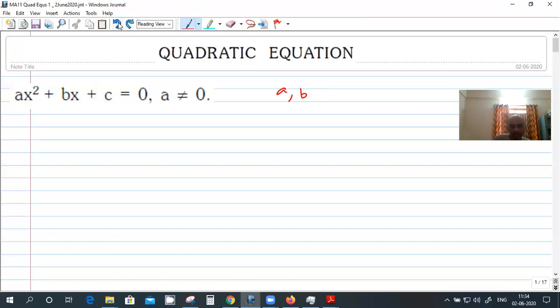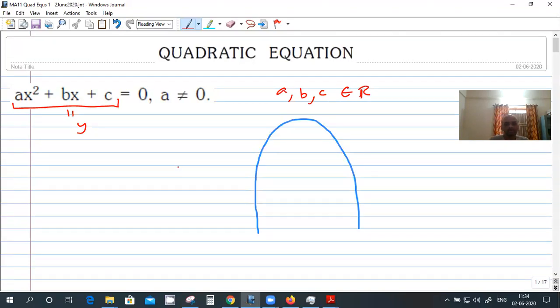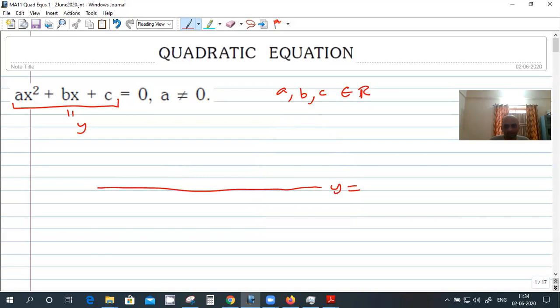And how does the graph of this look? y equal to, if I take this as y, that is one. And any other possibility? This is the x-axis. The equation of the x-axis is y equal to 0.